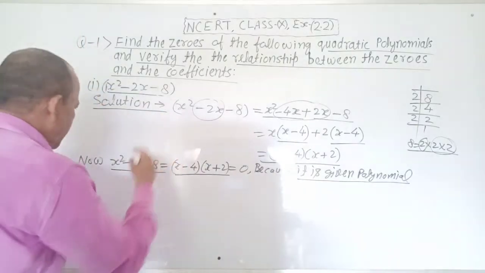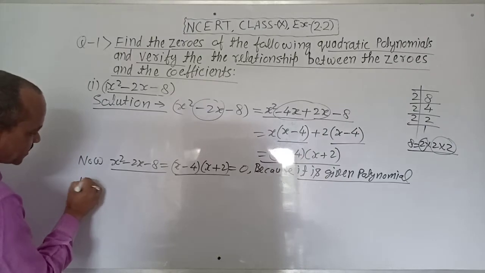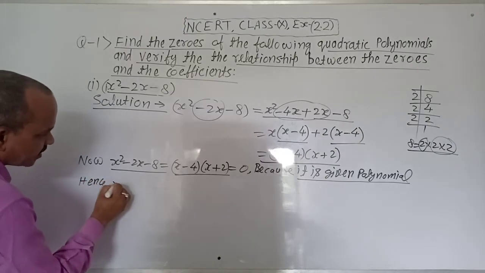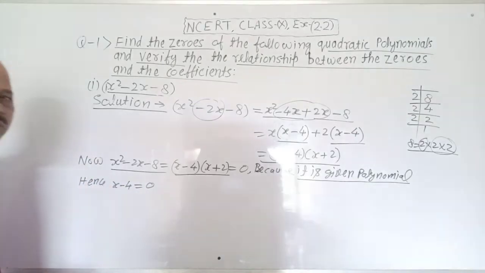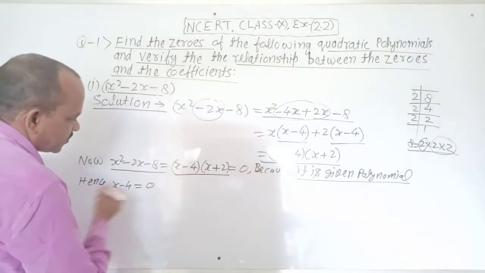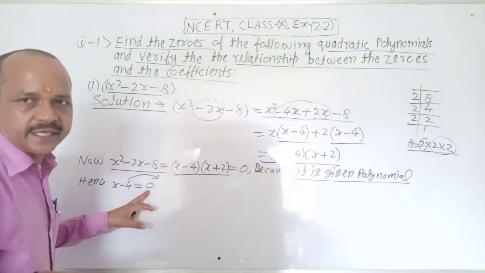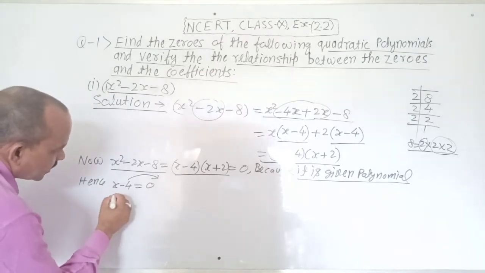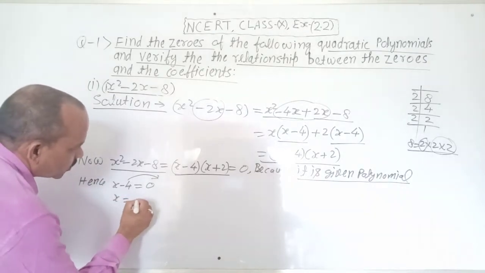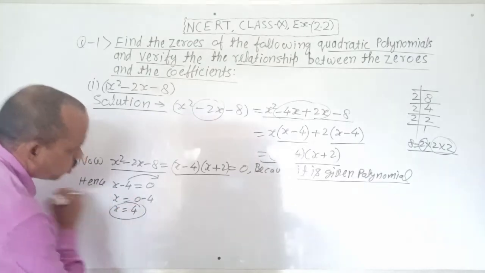Very good. Now, hence, x minus 4 equal to 0. You can write 4 on the right side. Clear? x equal to 0 plus 4, x equal to 4.